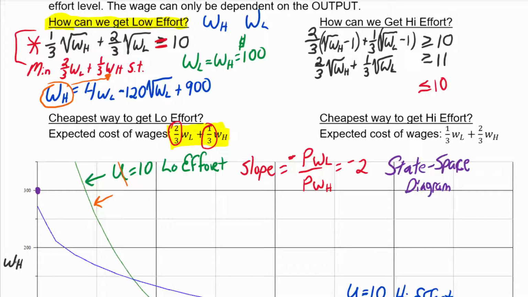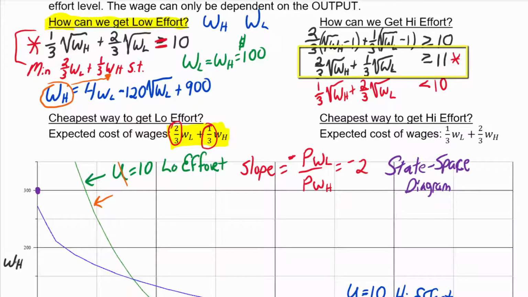So we want it to be that if they provide low effort, there's only a 1/3 chance they get the high wage, plus a 2/3 chance they get the low wage, and we need that to be less than 10. So we have not just this equation, but this other constraint to make sure that the high and the low wages provide us with the right incentives.